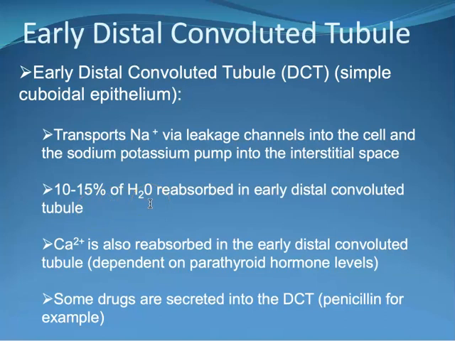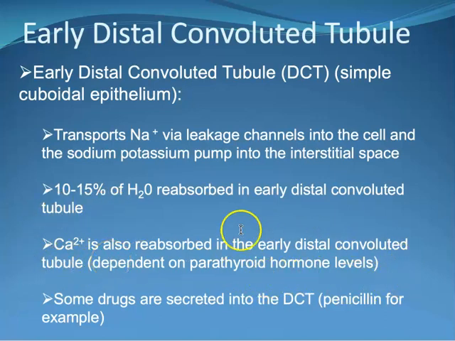So we're up to somewhere around 80-85% of the water having been reabsorbed by now. Here, just 10 to 15, but by the time we get here, most of the water has been reabsorbed. Calcium is also reabsorbed.